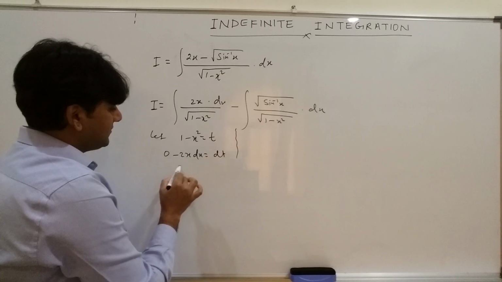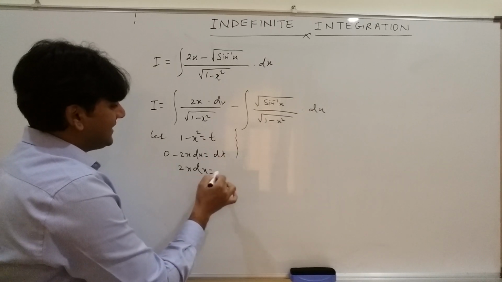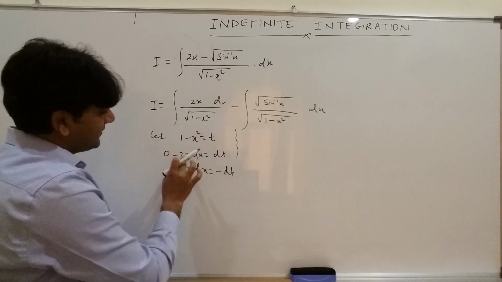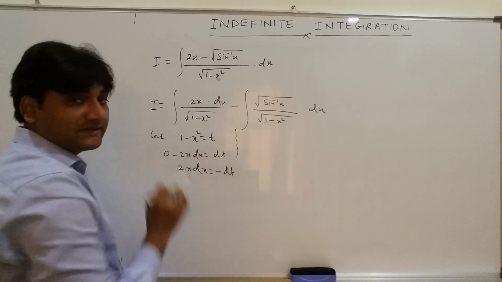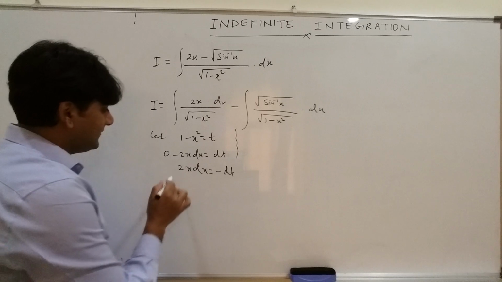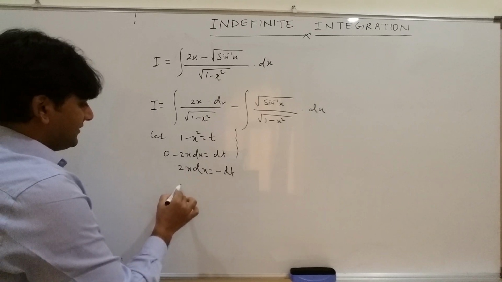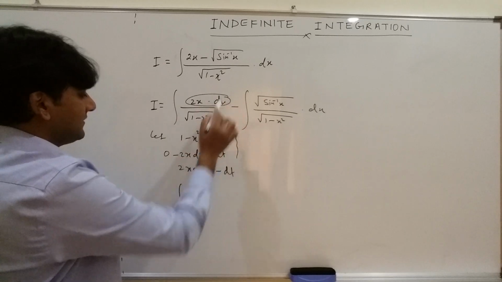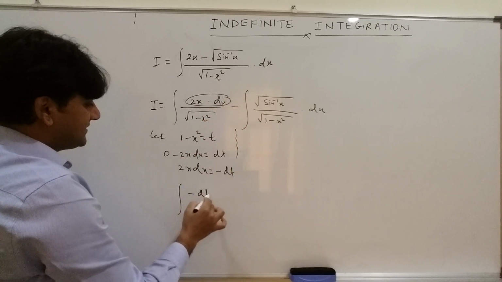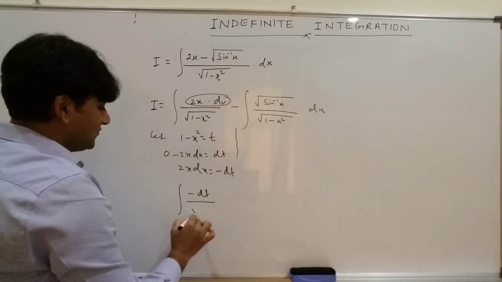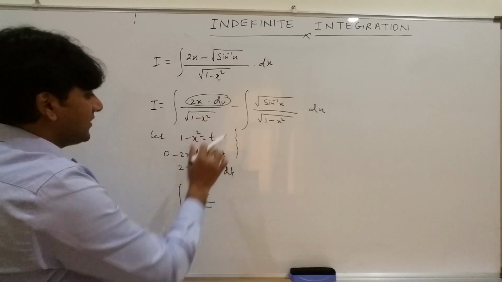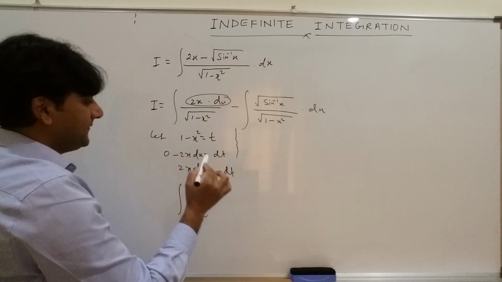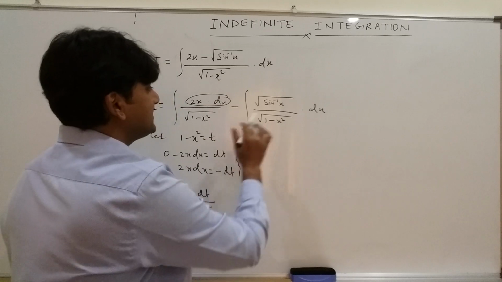So I got 2x dx as minus dt. Okay, this 2x dx, this minus I can take over here. Then this function, this 2x dx, I can replace by minus dt over root 1 minus x square, which was t, so this is root t.